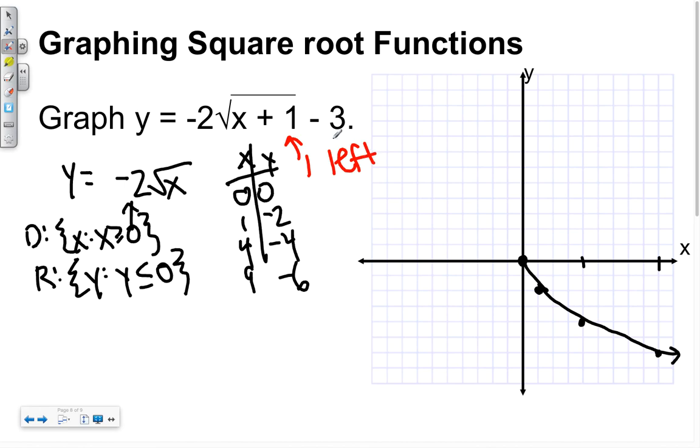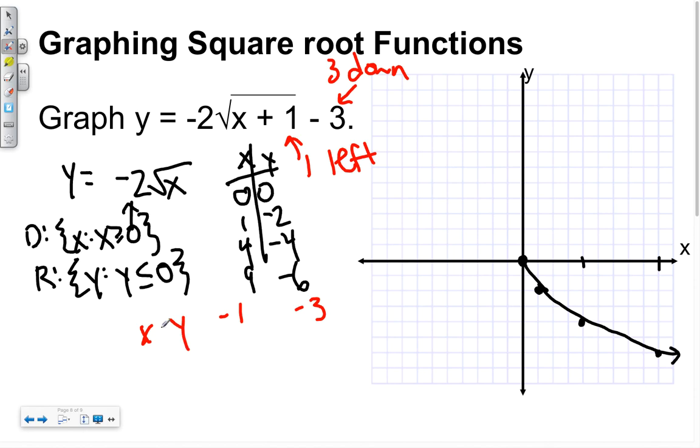Remember, when it's underneath the radical, you do the opposite of the sign. And this means we're going to go 3 units down. So if you're going 1 unit left, you're going to subtract 1 from all of your x values. If you're going 3 units down, you're going to subtract 3 from all of your y values.